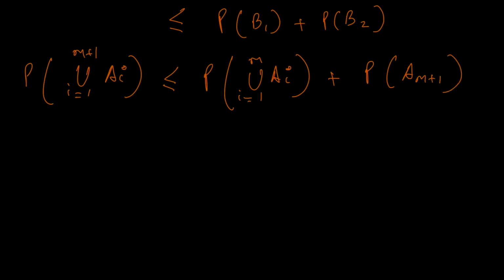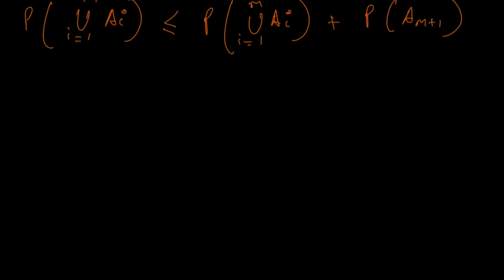It's pretty simple. Now this thing alone is less than or equal to summation i equal to 1 to m P of Ai.